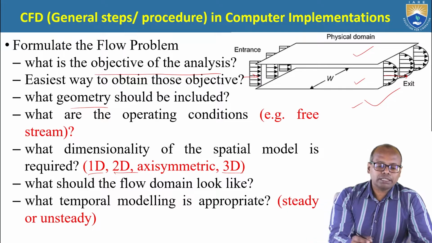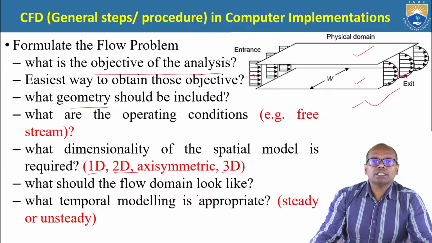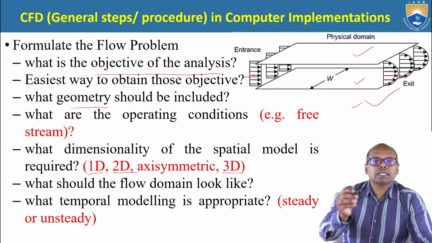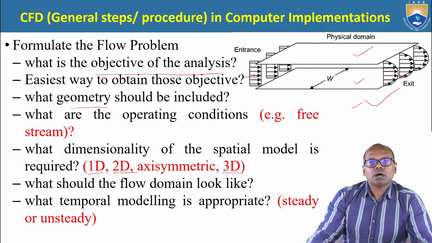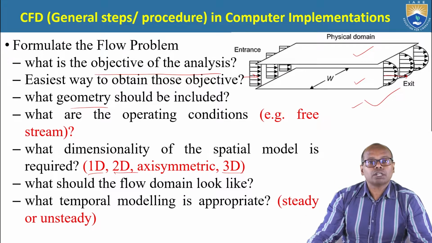Once we understand the easiest way, we can finalize what the flow domain should look like, and whether it is a steady state or unsteady state problem. That is also something we have to find out. So what is meant by a steady state problem and an unsteady state problem? That is an important criterion.